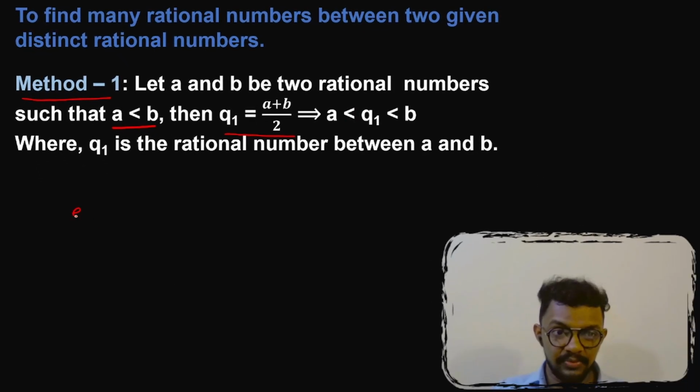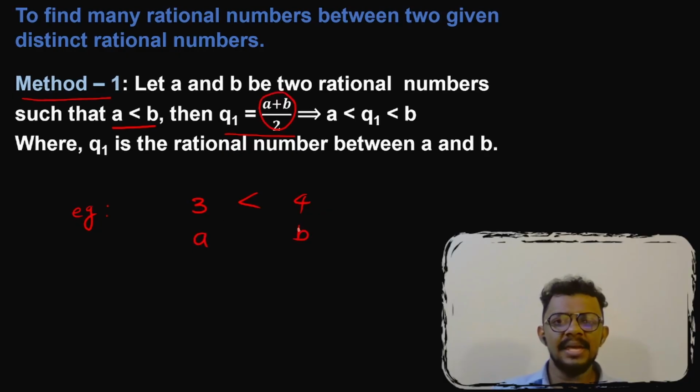Definitely you need an example. For example, I'm considering two numbers 3 and 4. How can I find a rational number between 3 and 4? I know 3 is less than 4, and that rational number is A plus B by 2. In this case, A is 3, B is 4.